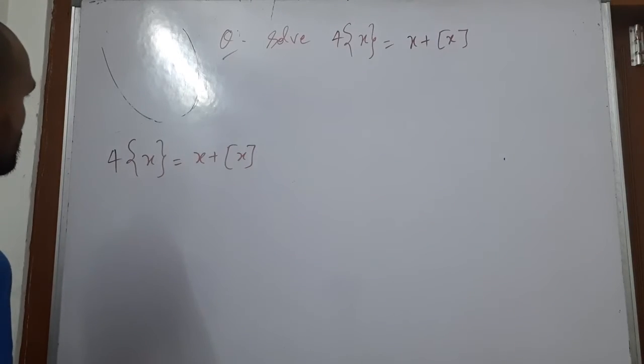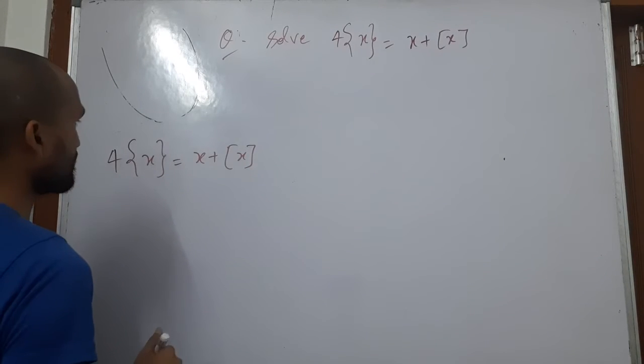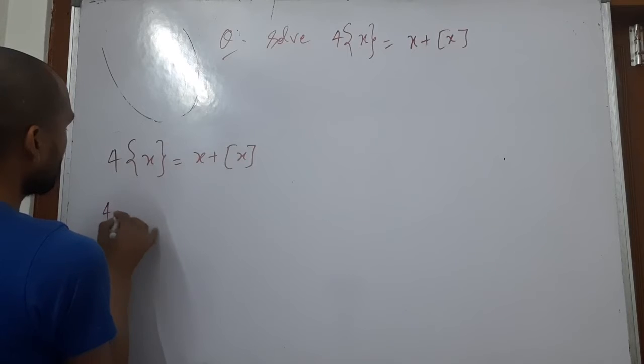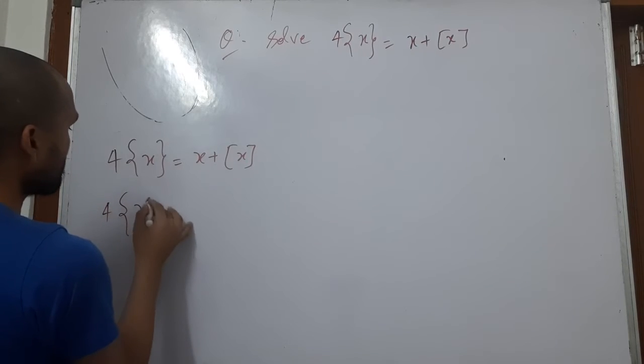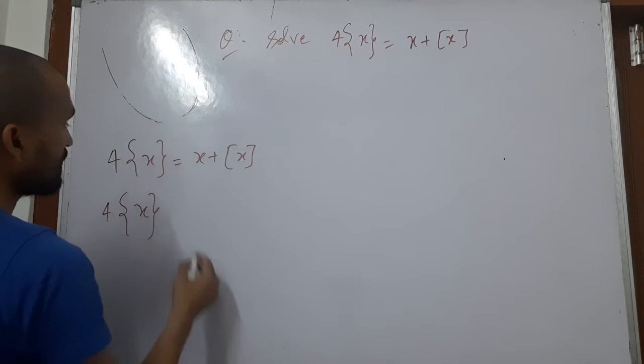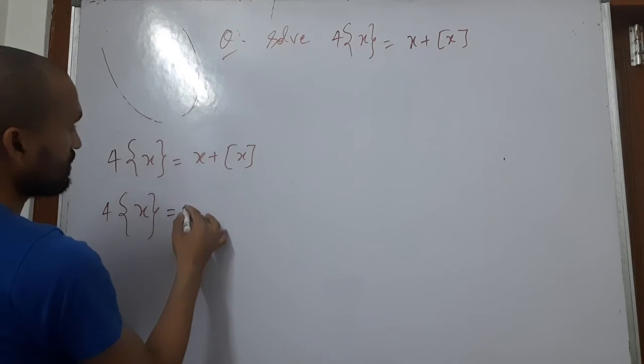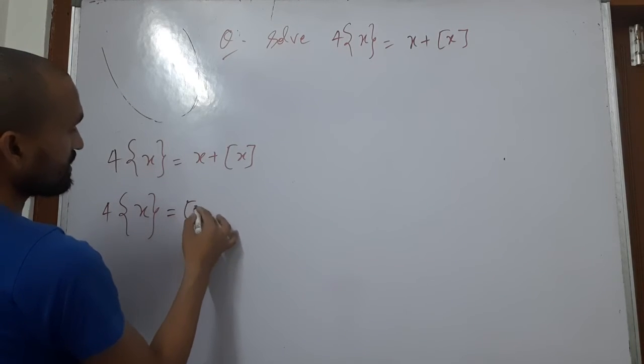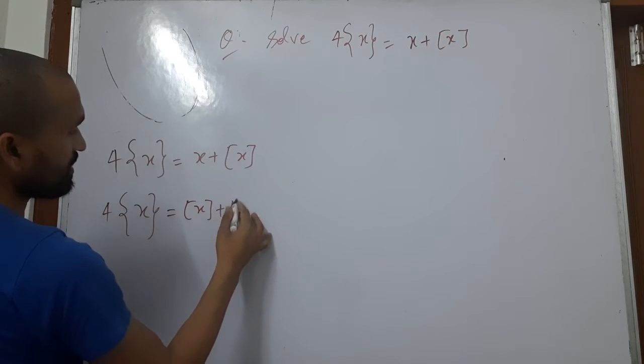What's going on? We have taken here 4 fractional part x, as we know that x is equal to greatest integer x plus fractional part x.